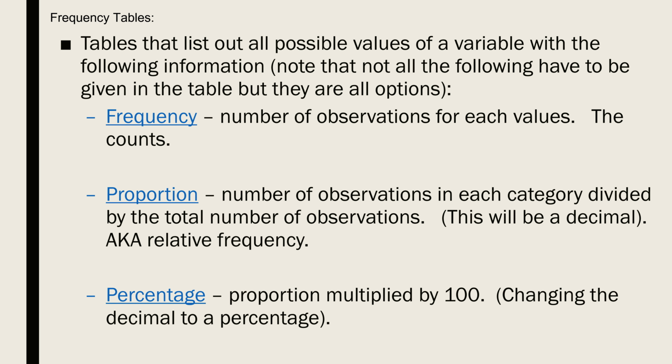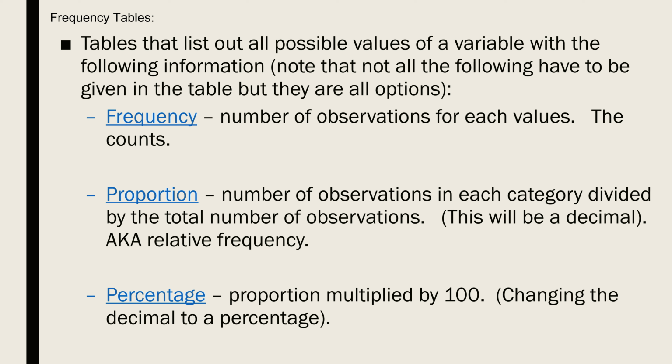Frequency tables are tables that list out all possible values of a variable with the following information. Note that not all of the following have to be given in a table, but they are all options. First is frequency. Frequency is the number of observations for each value, or we say the counts.